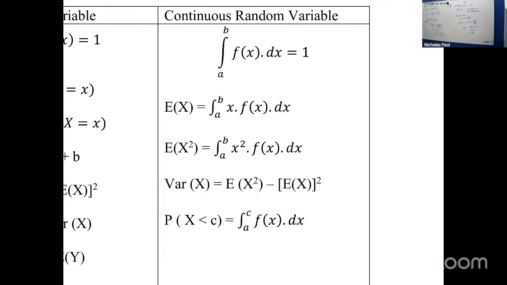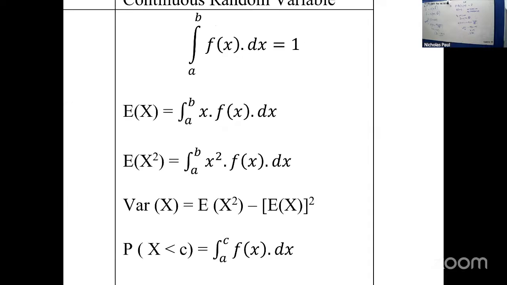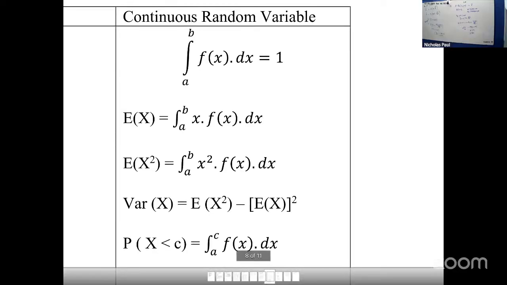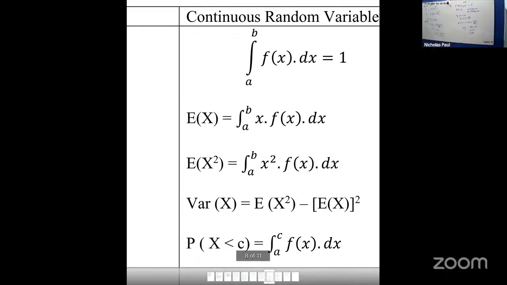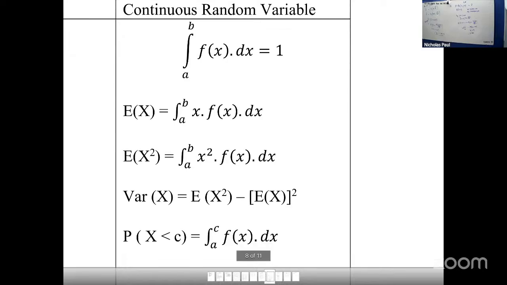Let's try one now. I will try to squeeze it in right here. Let's try a small example. Let's say I give you a continuous random variable and it has a PDF.